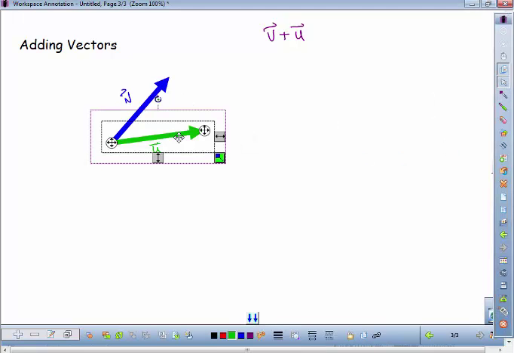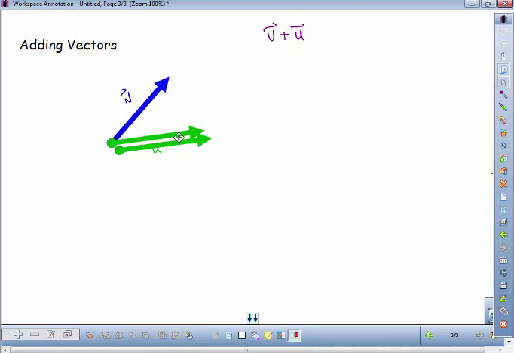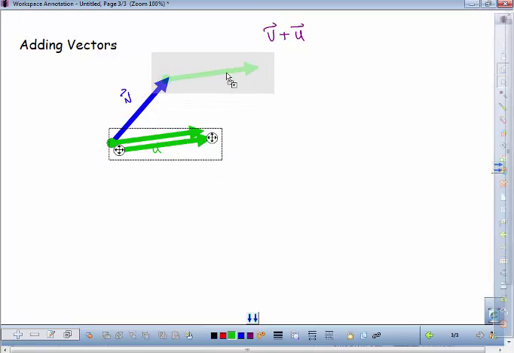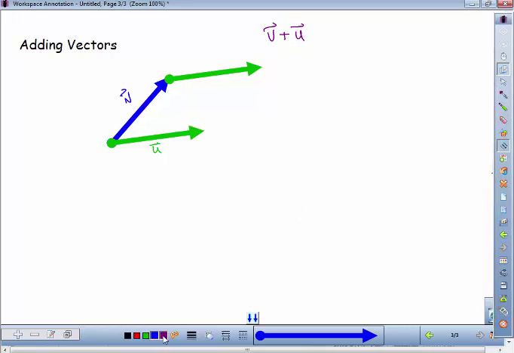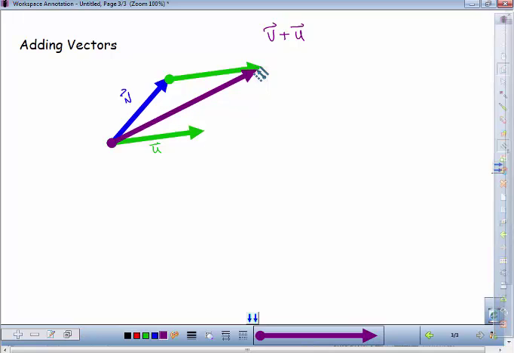We put the tail of u at the head of where the vector v ended, and then what we get is a new vector starting from the tail of v going to the head of u after you have added it.